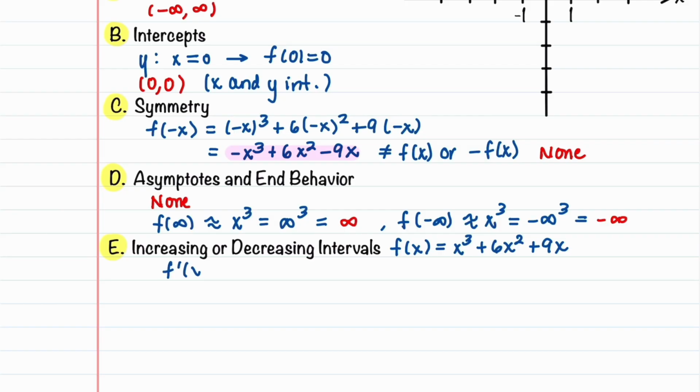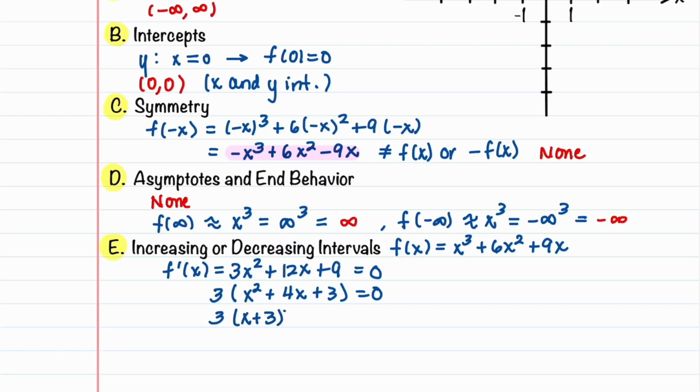So f prime of x is 3x squared plus 12x plus 9, and we are going to set that equal to 0. We can factor out a 3, and we have x squared plus 4x plus 3. We can factor this as x plus 3 times x plus 1. This gives us the solutions x is minus 3 and x is minus 1.